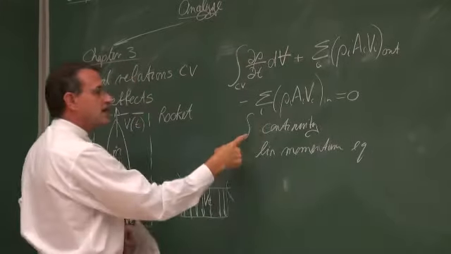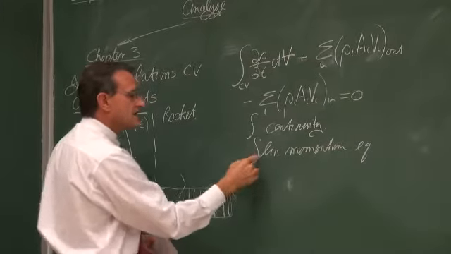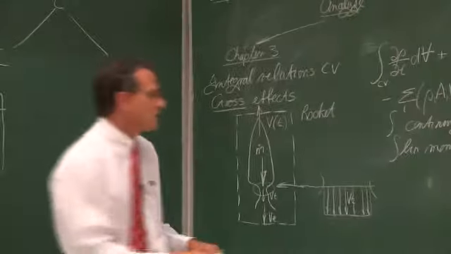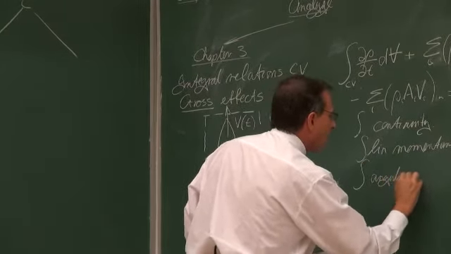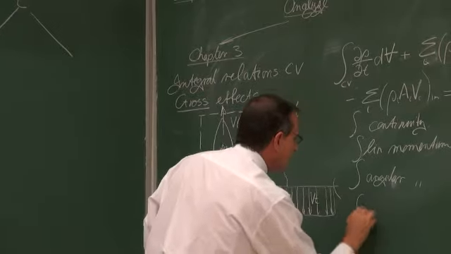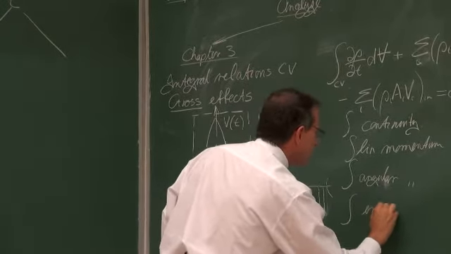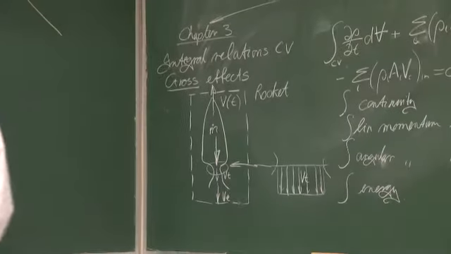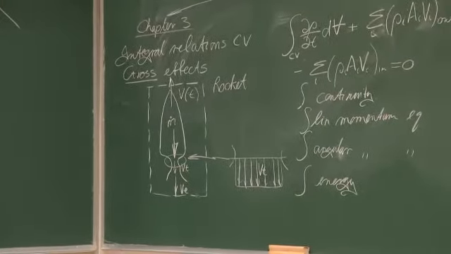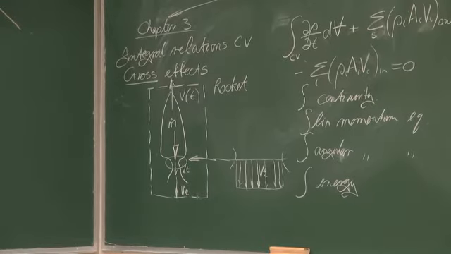And take note, it's an integral continuity equation, it's an integral linear momentum equation, an integral angular momentum equation, and then an integral energy equation. So those were the equations that you've used in chapter 3 to solve practical problems with.